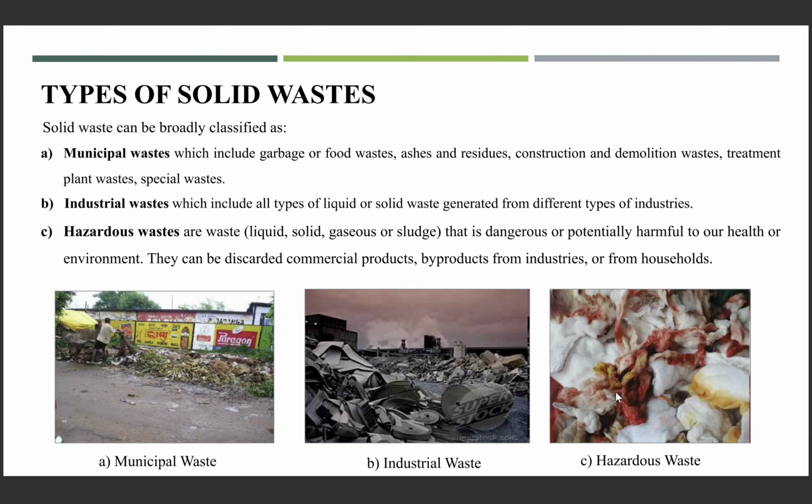Overall solid waste is collected with wet waste in green bins, dry waste in blue bins, and the hazardous waste is processed separately following the hazardous waste management rules. Like if it has biomedical waste, like syringes or blood-soaked tissue, then these are first sterilized and then disposed of, and so on.